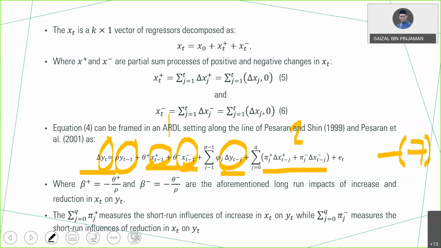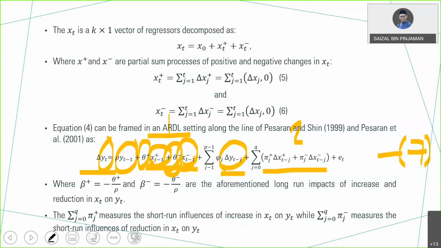So this is how we frame the asymmetry of the independent variable in the ARDL model to form the NARDL model. Just like I said before, to study the long run relationship, we are going to look into the theta values.